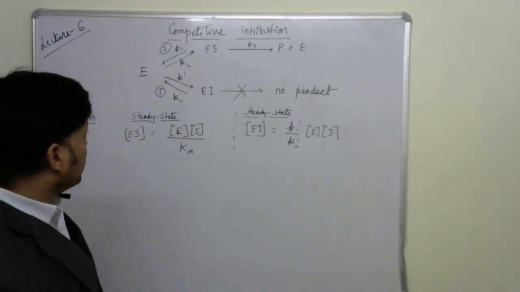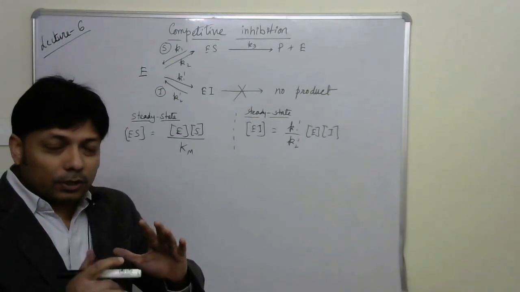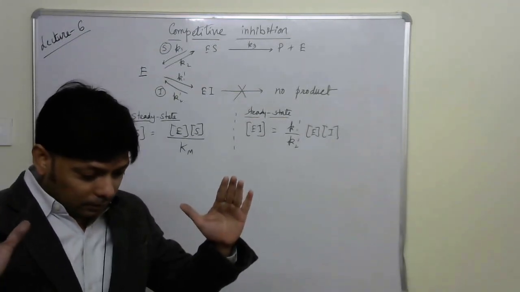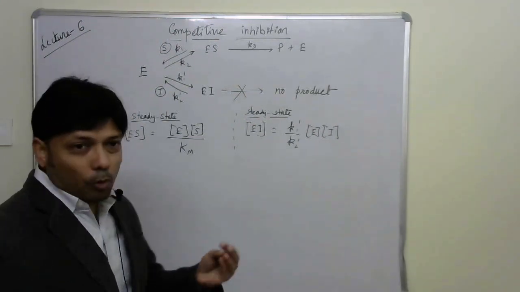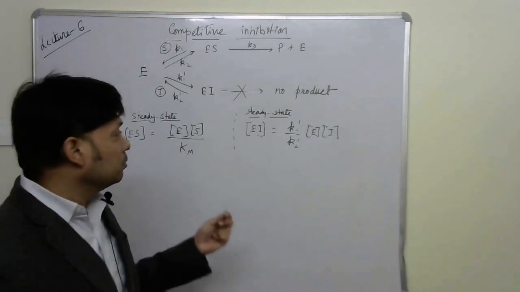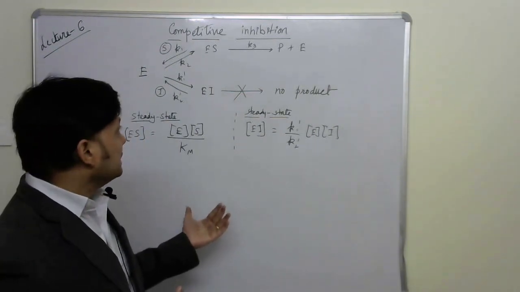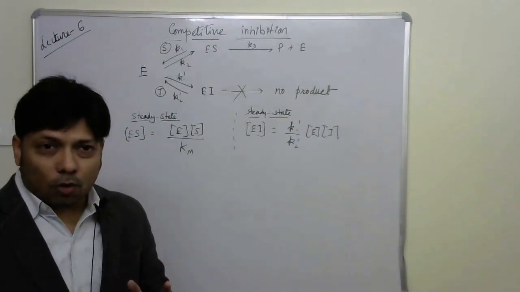Once the EI is formed, no product can be found. Here I would like to say that during the differentiation of reversible and irreversible inhibitors, one point I didn't mention, I want to mention once again: in the irreversible inhibitor, the product never forms.